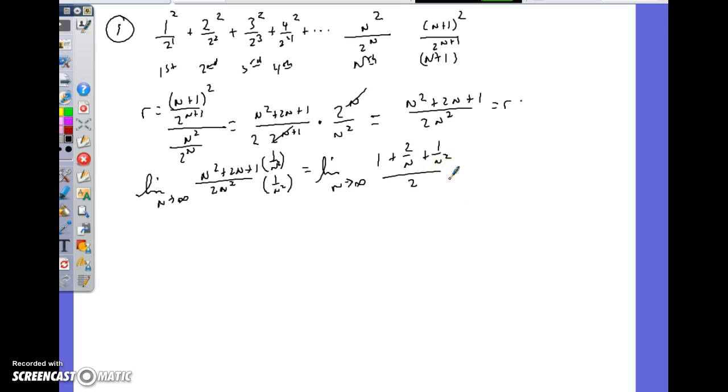Anything with a 0 in it goes away. I get 1/2. Is my ratio less than 1? It is indeed. Therefore, this is convergent. That's all I discovered. It's convergent.